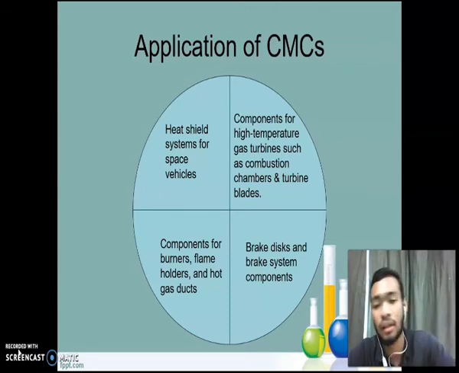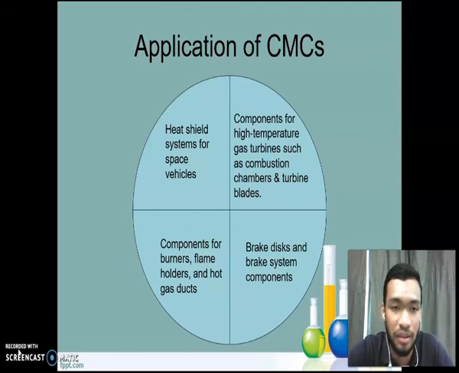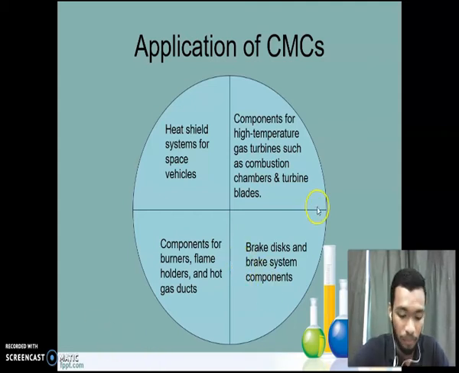It is the same as the second application, where CMC has great thermal shock resistance. And the last one is brake discs and brake system components. It is also the same as the second and third, where CMC can withstand extreme thermal shock.